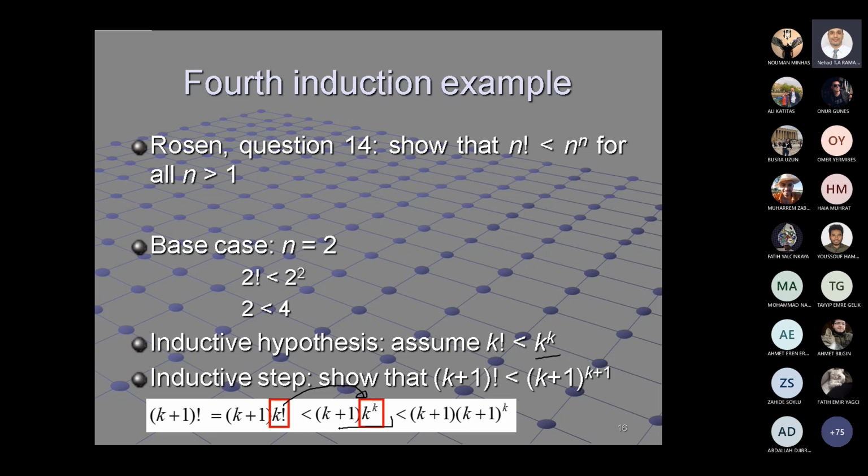Now this one, what? This is the left hand side. Let's take a look here. This one, actually, we can write it as k plus 1 to power 1 multiplied by k plus 1 to power k. Yes, because when we multiply, we sum the powers.